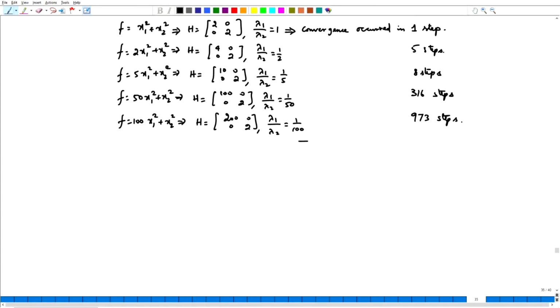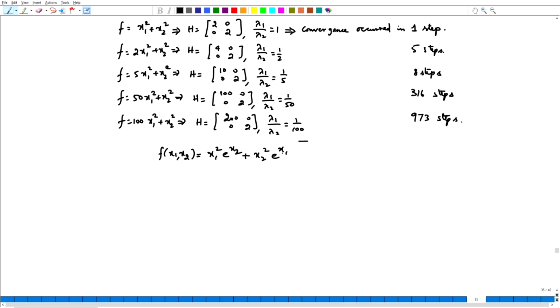So, let us consider an example which is hard to do analytically. Let f of x1 x2 be x1 squared e power x1 plus e power x2 plus x2 squared e power x1.